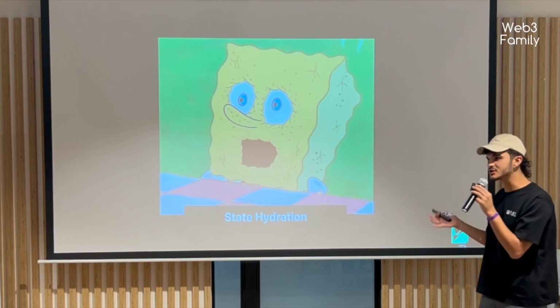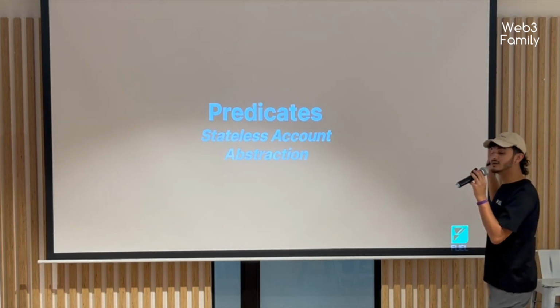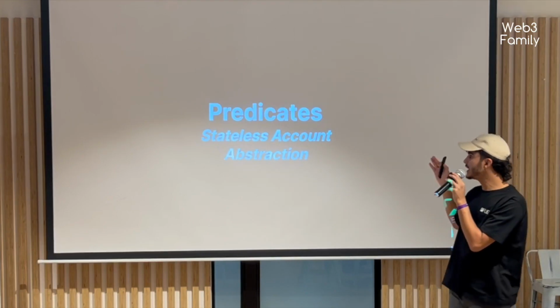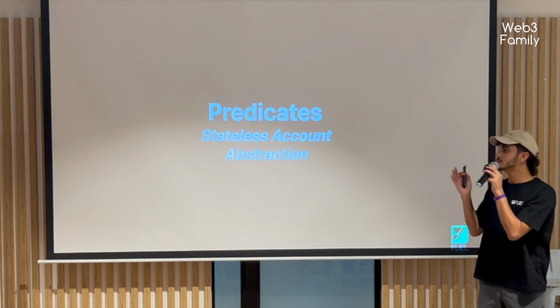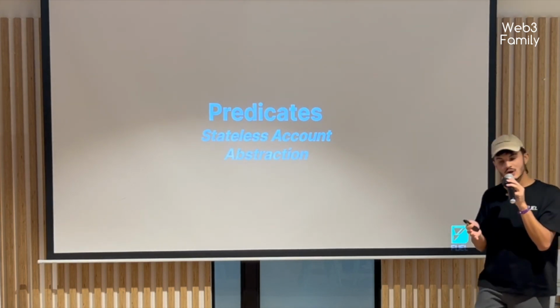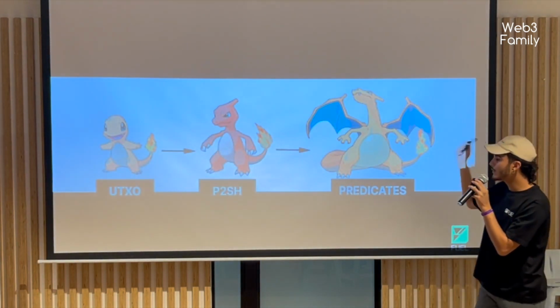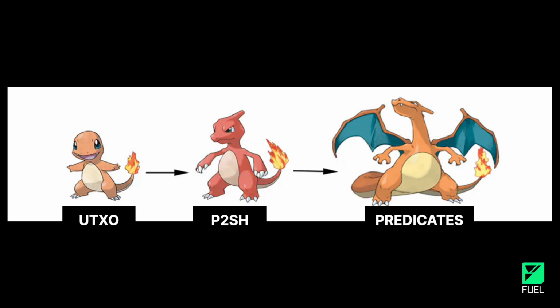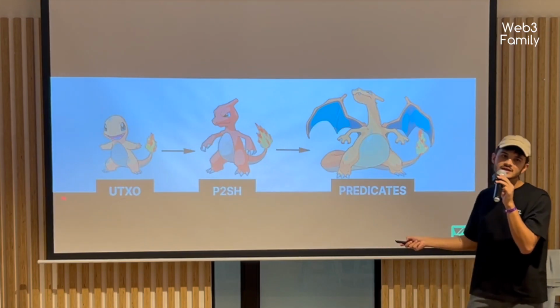Well, it's something similar. And in Fuel Network, we merged this state minimized approach and the UTXO model to create predicates, which are stateless account abstraction. So we were talking about UTXOs as a way to have parallel transactions and so on, and not having state bloat and centralized state.